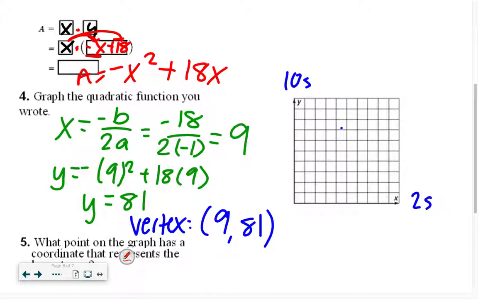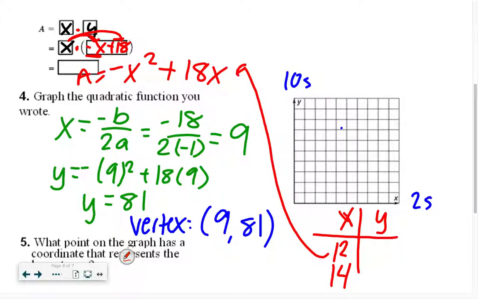Now just plug in 2 points. I'm going to use 12 and 14. If I put in 12, hold on, pause. Where am I plugging these in? The 12 and 14. Right there. Okay, let's plug those in for x. For 12, I get out 72. For 14, I get out 56.